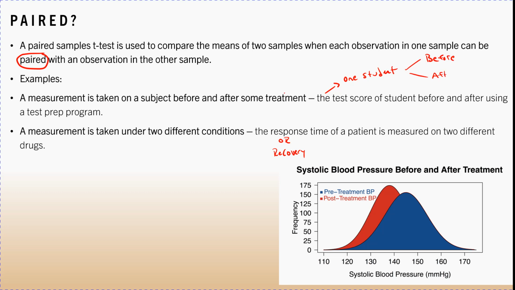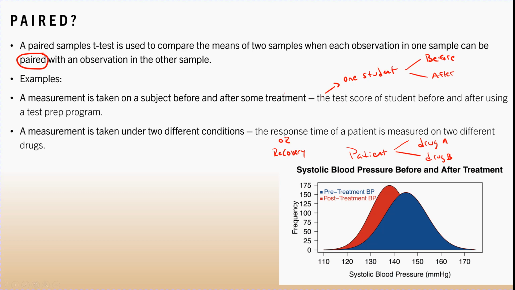That's how they're paired. Each of these values is paired to this one student. In this example, we have one patient and a measurement on, say, drug A, and then a measurement on drug B. That's what I mean by paired.